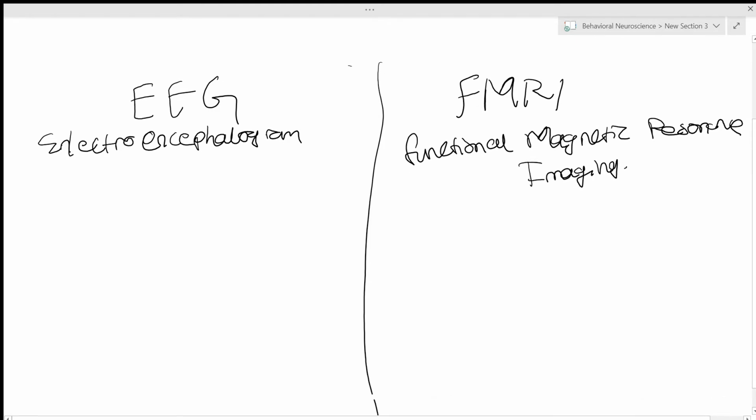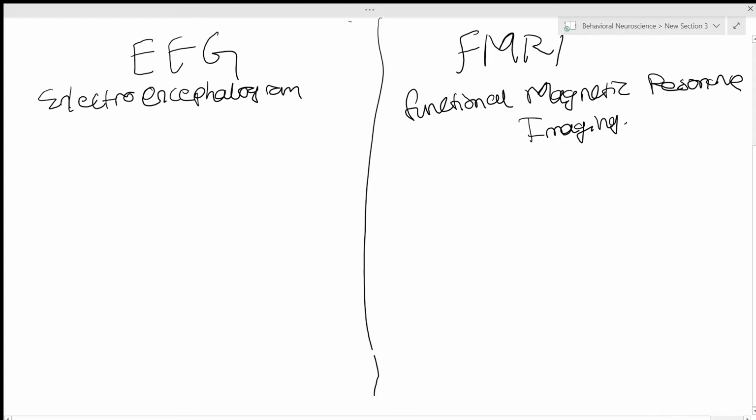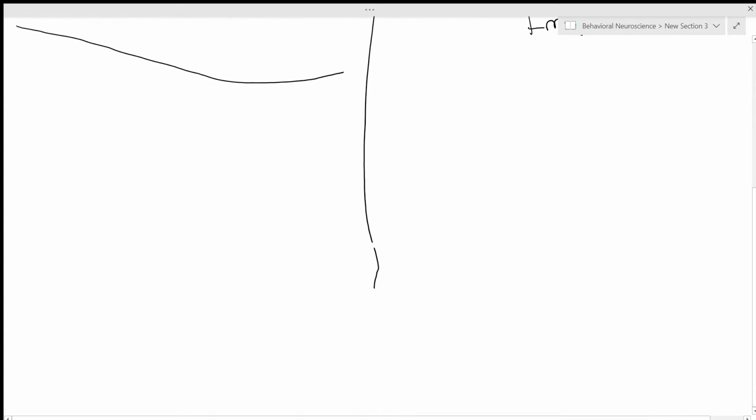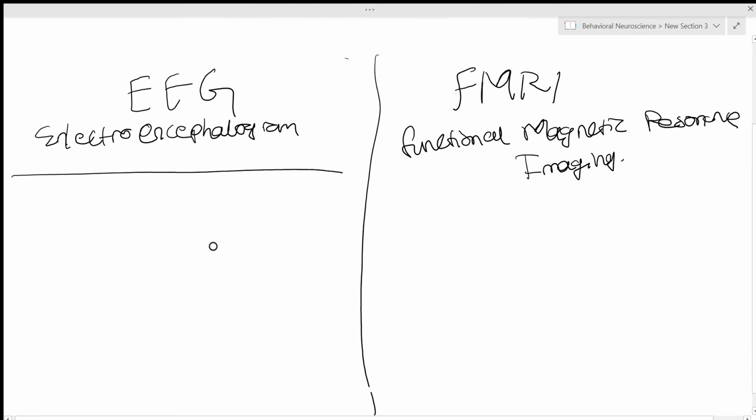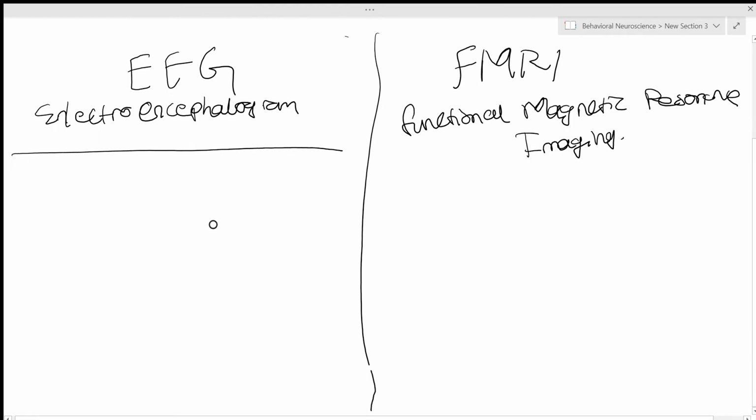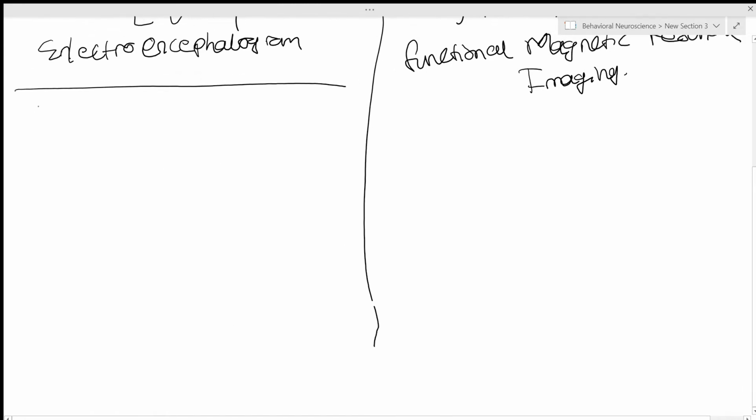So in this video, I'll be contrasting them, looking first at the EEG. The EEG technique makes use of electrodes to measure the brain activity or electrical activity from cells under the scalp.